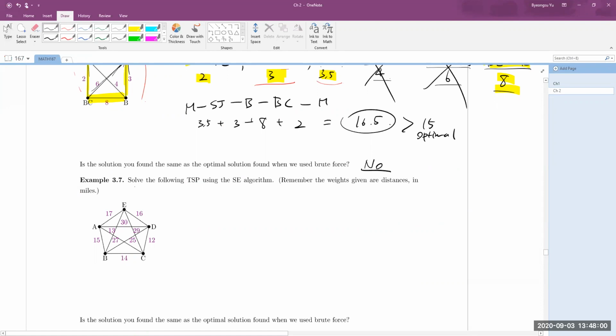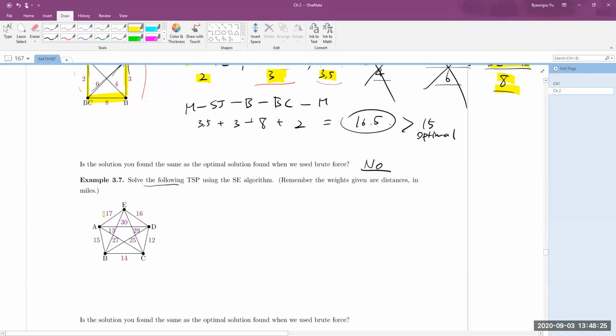Okay, for practice, we can do the next example 3.7. Solve the following TSP using the SE algorithm. In this kind of case, there are many edges, 10 edges. You don't need to write down all, just pick the smallest number you can see.